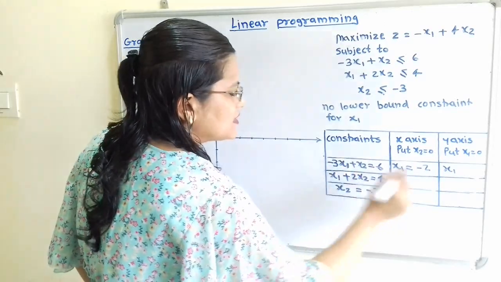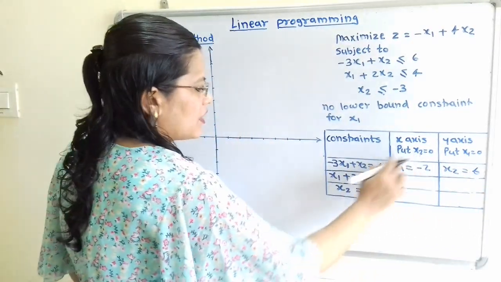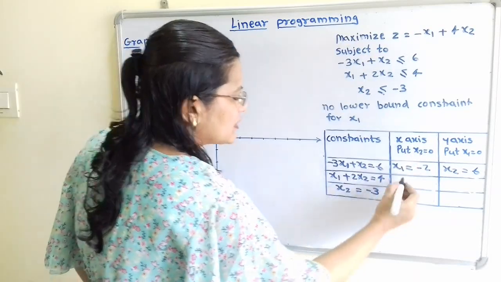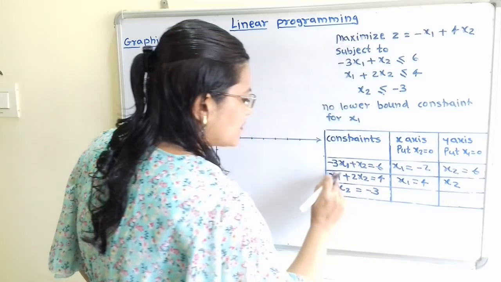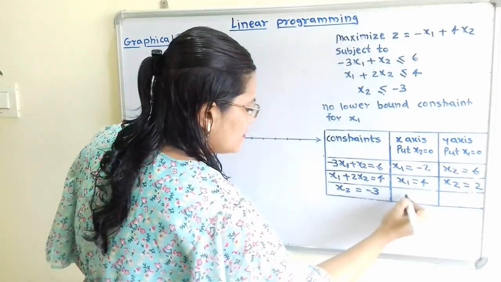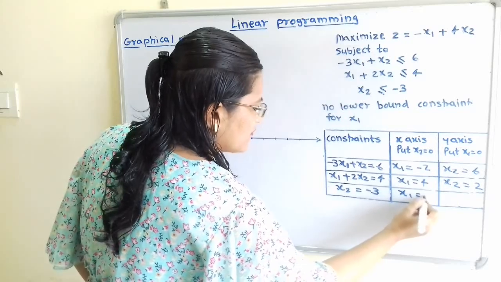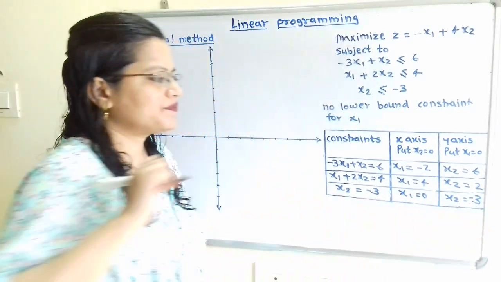When we put x1 is equal to 0, then x2 is equal to 6. In the same way, when we put x2 is equal to 0, then x1 is equal to 4. And when we put x1 is equal to 0, then x2 is equal to 2. Then for the third constraint, x1 is equal to 0 and x2 is equal to -3.